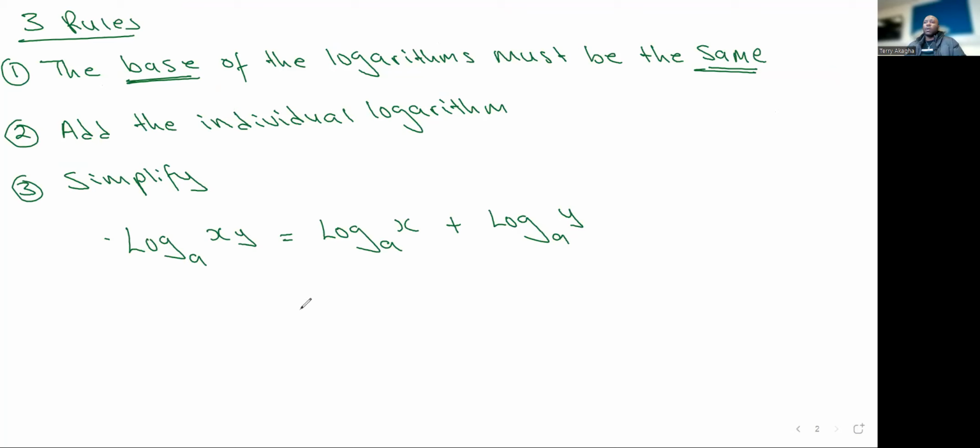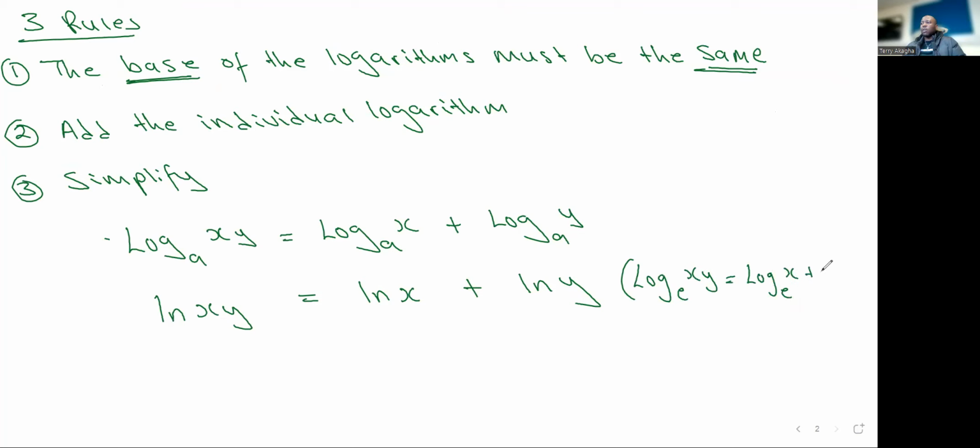Similarly, ln xy is the same thing as saying ln x plus ln y. Another thing, you can say log to base e of xy is equal to log to base e of x plus log to base e of y, all right?